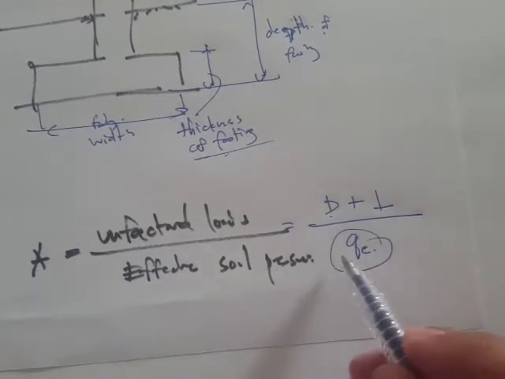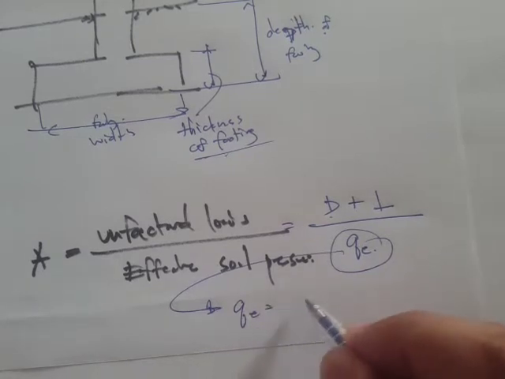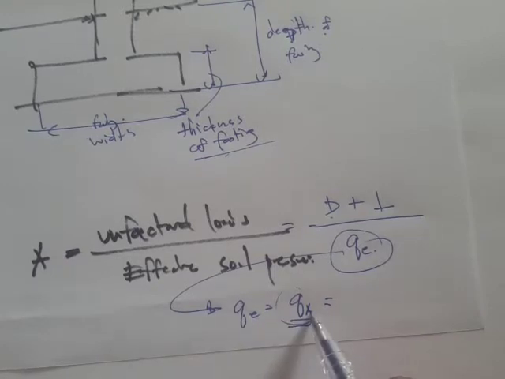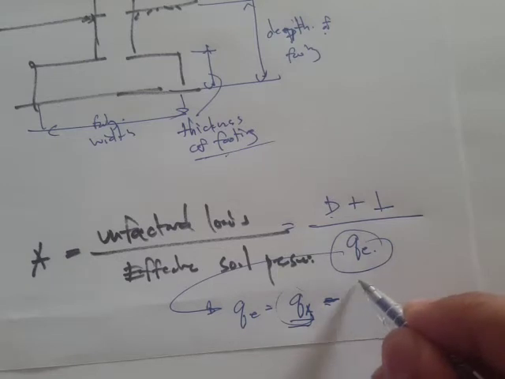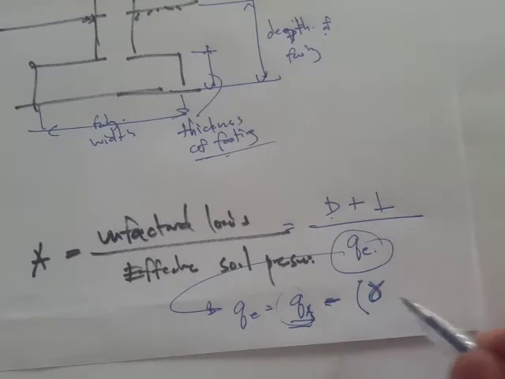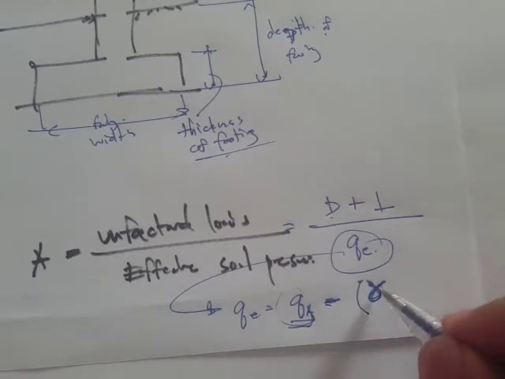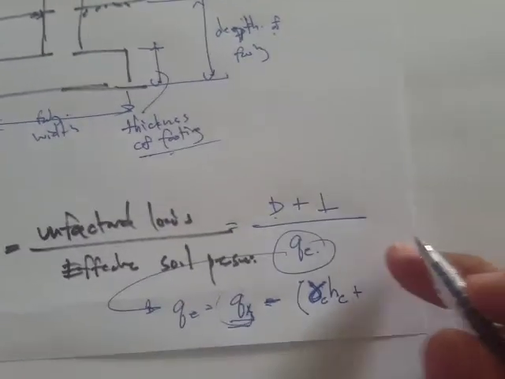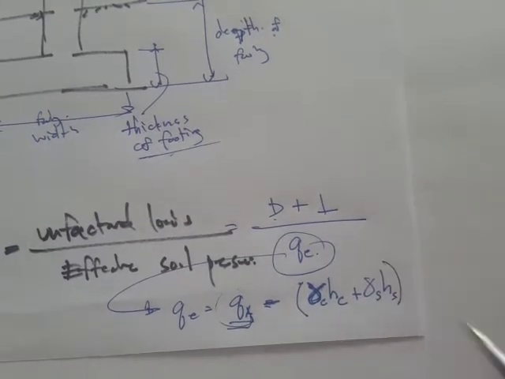Now, how do we determine this effective soil pressure? The equation is simply the Q allowable, which is taken from the tables or the geotechnical report, minus the summation of the following. Let's write it this way: the unit weight of concrete times the height of concrete plus the unit weight of soil times the height of soil.